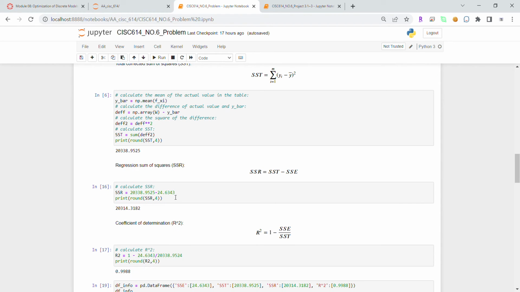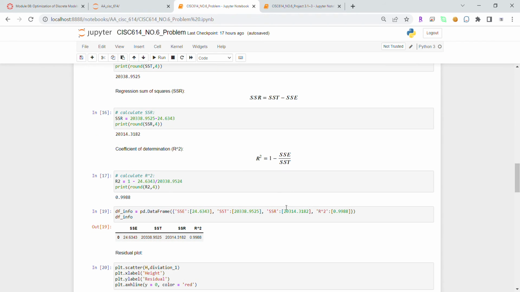And the last one is we calculated the coefficient of determination, which is R squared. We use 1 minus SSE divided by SST. So we got the result. All the results are shown in this table.